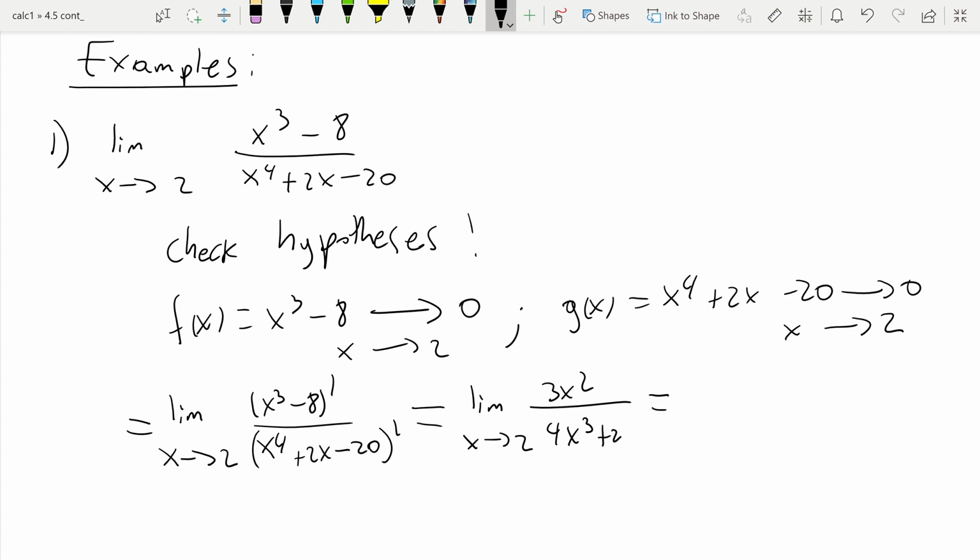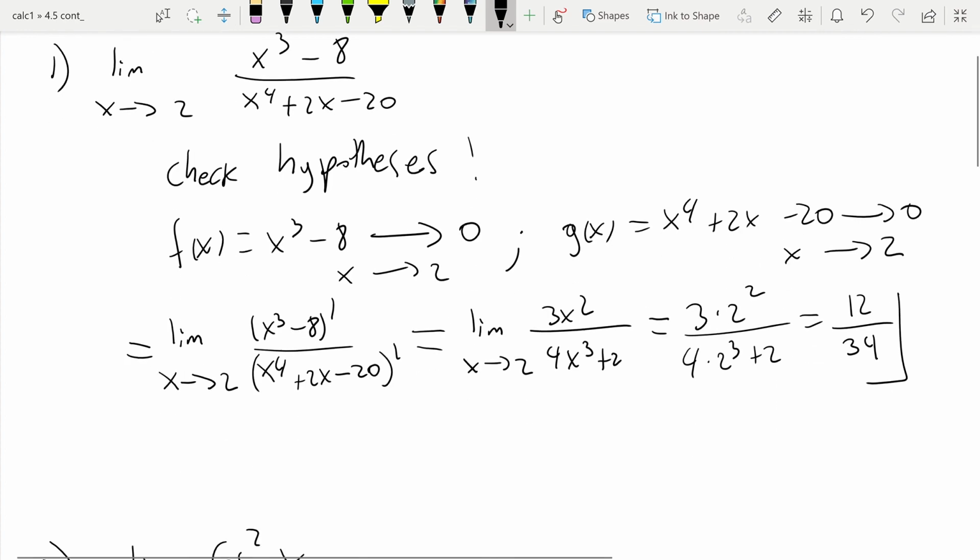Okay, so we can just go ahead and evaluate now. So we get 3 times 2 squared divided by 4 times 2 to the cube plus 2, which is equal to 12 over, 2 to the cube is 8, 8 times 4 is 32, plus 2, so we get 34. So 12 divided by 34. And that's the final answer.